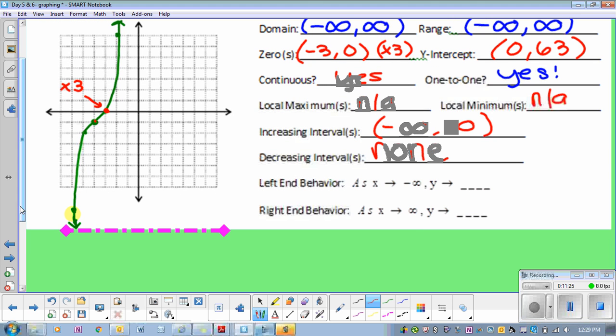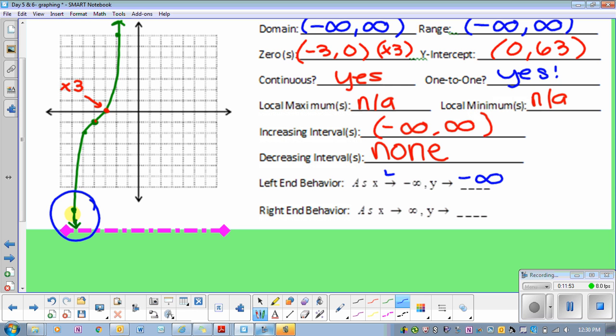Now we're going to look at the end behaviors. That's the arms of the graph. Left end behavior is as x approaches negative infinity, right? That's the left arm. What is this left arm doing? Up, down, straight, down. Yeah. So it's going down to negative infinity.